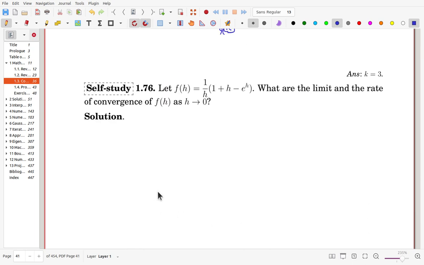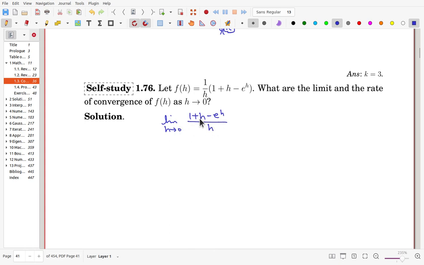Here, f of h is defined in this way. What are the limit and the rate of convergence of f of h as h approaches 0? Okay, what is the limit? First of all, the limit as h approaches 0 of (1 plus h minus e to the h) over h.